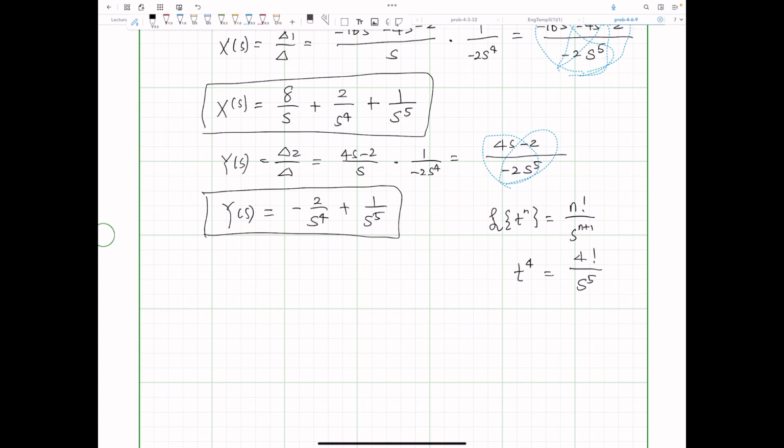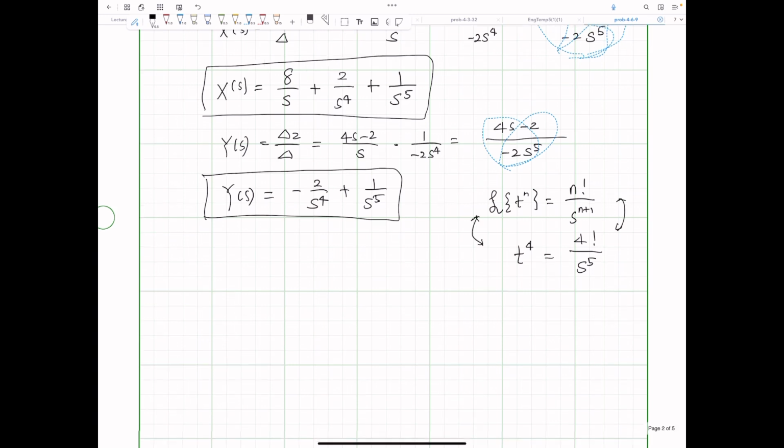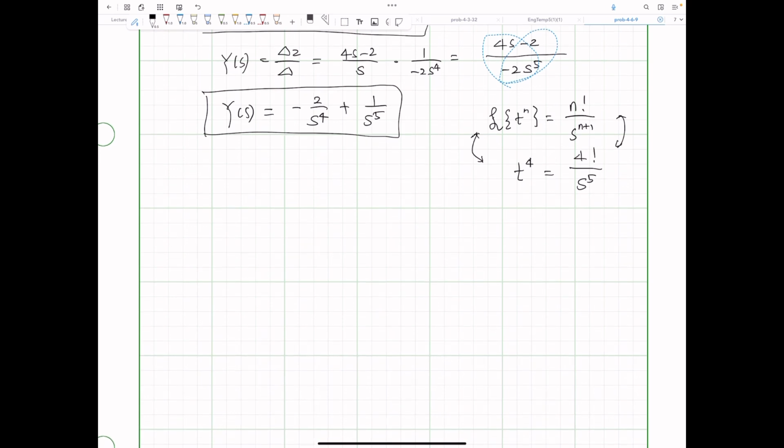So based on this relationship, it's going to be handy to have one formula: the inverse Laplace transform of 1 over s to the power of n. We need to multiply by 1 over (n minus 1) factorial, and then t is going to be to the power n minus 1.